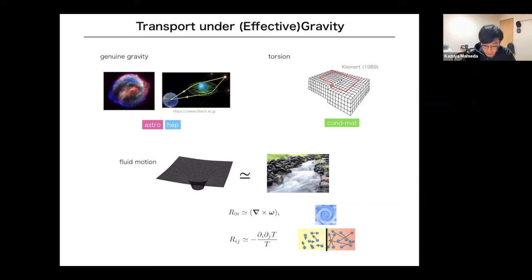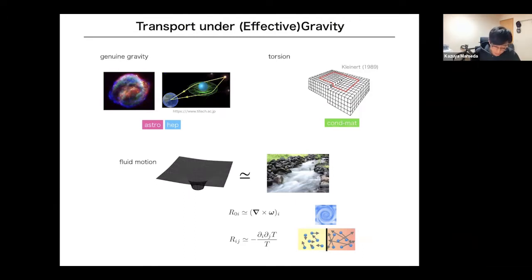And also we can extend this discussion to the torsional geometry. Indeed, in condensed matter physics, some people discuss the torsional effect in condensed matter. And then we can expect our formulation can be applied to such a torsional material.